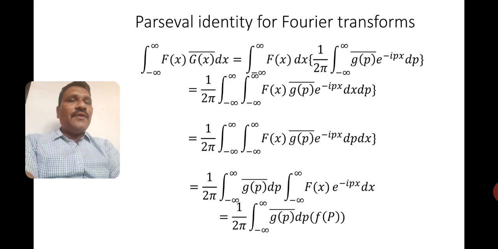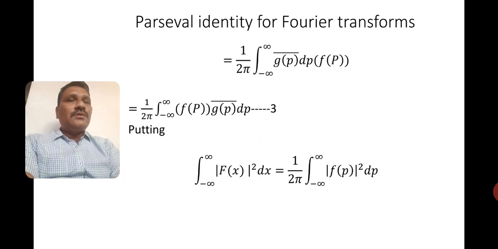This is nothing but the Fourier inverse transform, therefore I wrote it as f of p. So the same thing, now equation 3 will become 1 by 2 pi integral minus infinity to plus infinity f of p g bar of p dp, equation 3.